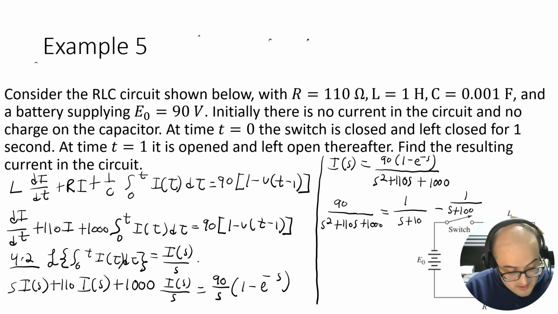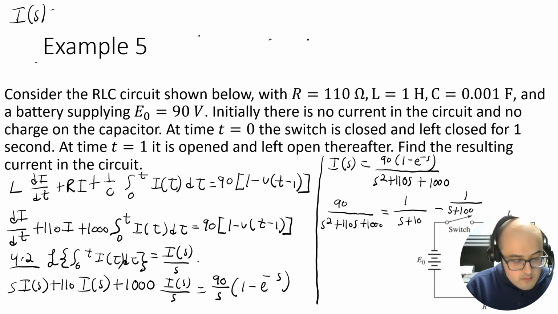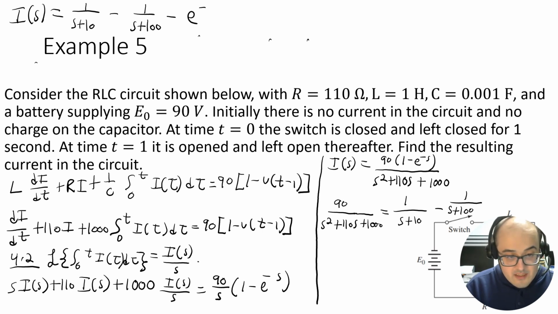So, to continue then from that, I of s would be 1 over s plus 10 minus 1 over s plus 100 minus e to the negative s times 1 over s plus 10 minus 1 over s plus 100.